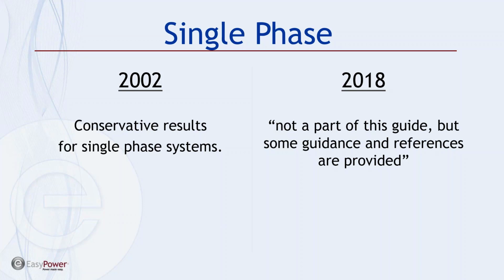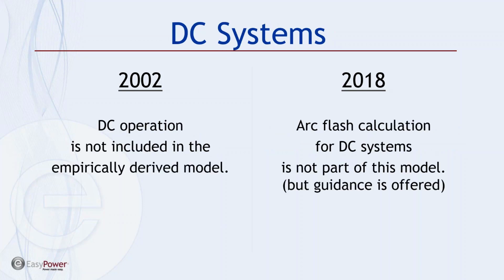I'm not passing judgment. Likewise with DC systems, in neither case, neither the 2002 or the 2018 standard, is arc flash part of the model, but again, there are references and guidance offered based upon the bibliography that's included with the 2018 standard.